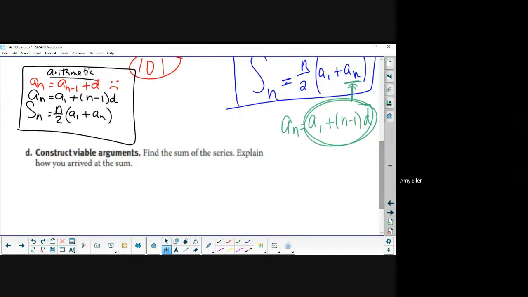So we have S sub n equals, copy the beginning, n over 2. Copy the A sub 1. And then substitute, instead of A sub n, this formula.